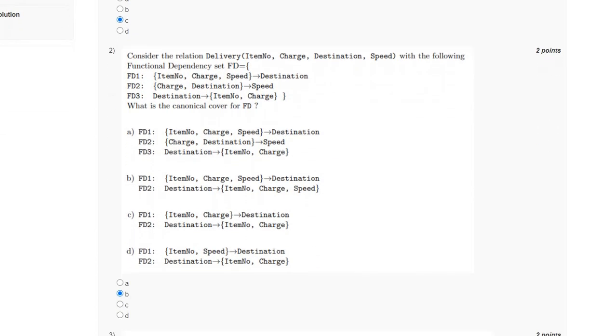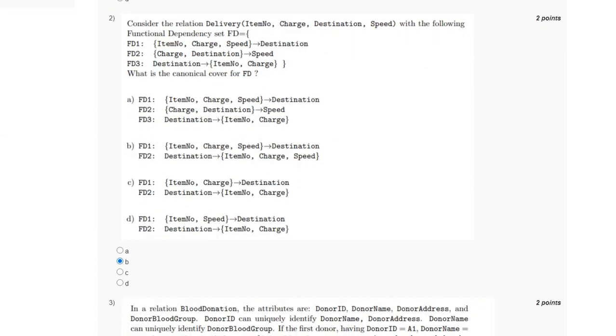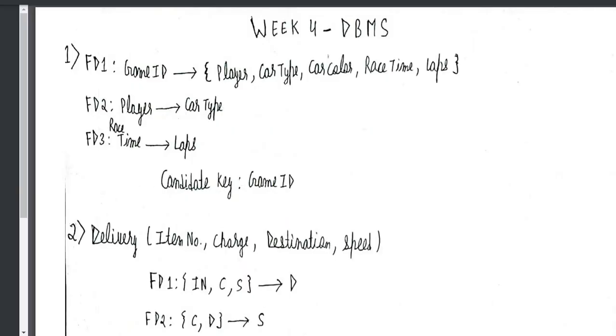Now coming to the next question, we have been given the relation delivery with the following attributes and the following functional dependencies, and we have to find the canonical cover of the functional dependencies. The solution for it is as follows.